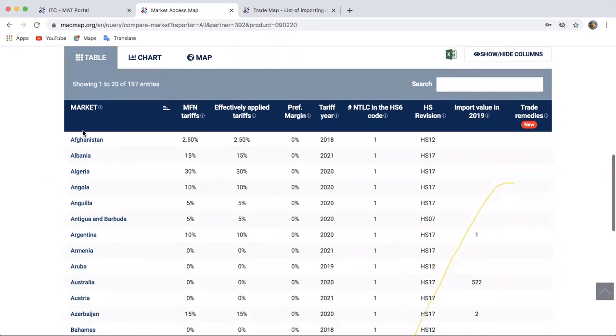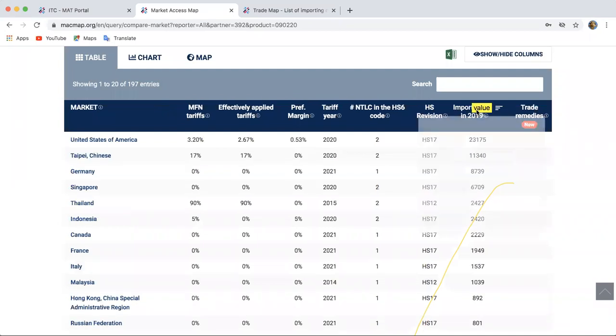Automatically, it ranks here alphabetically, but I think it could be more interesting to look into the import value in 2019, to look into actual importers of green tea from Japan. And we see that this is the same list as in TradeMap before.